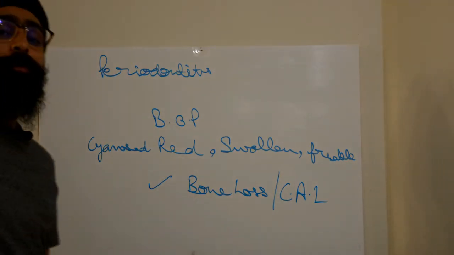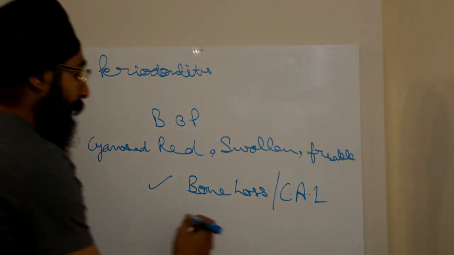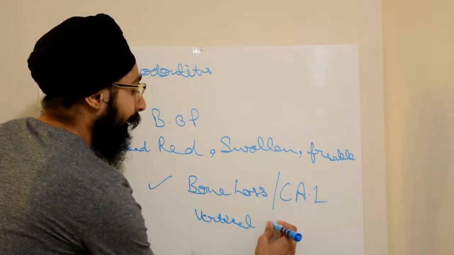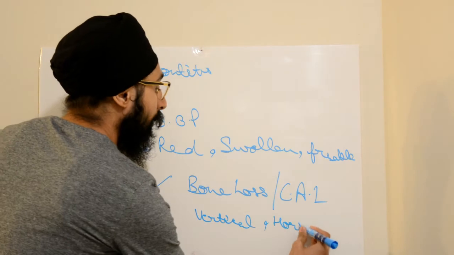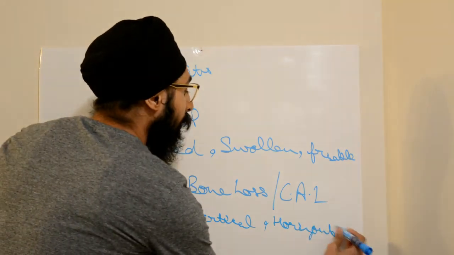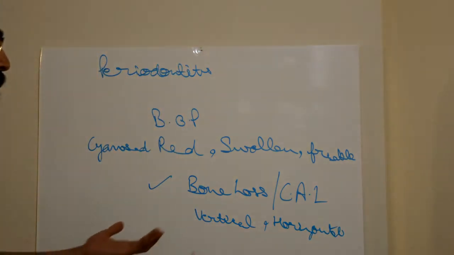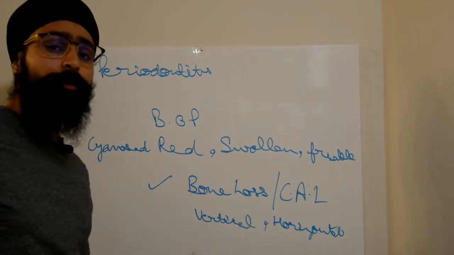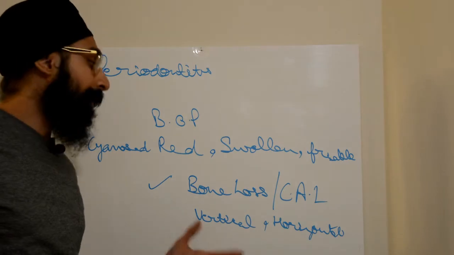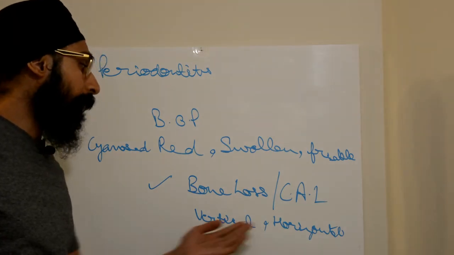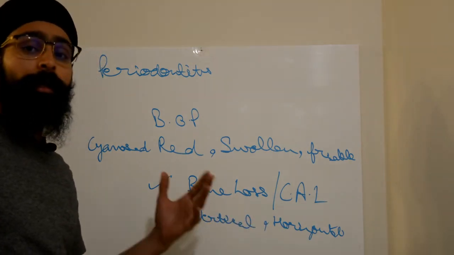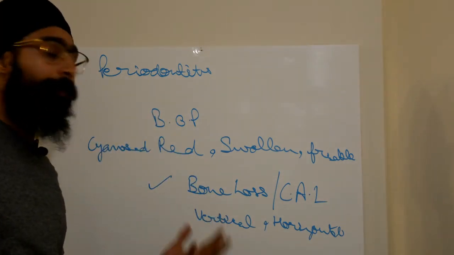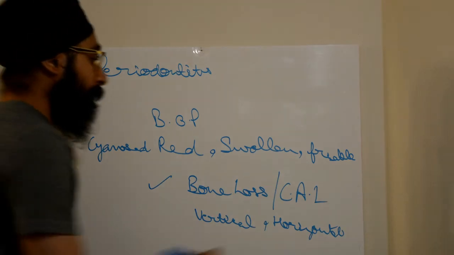Friends, bone loss is of two types. It can be vertical or it can be horizontal. Although for ACJ exam, which type of bone loss is present does not matter to us, it's just for your information that vertical or horizontal type of bone loss can be present when it comes to periodontitis, or they may both be present at the same time.